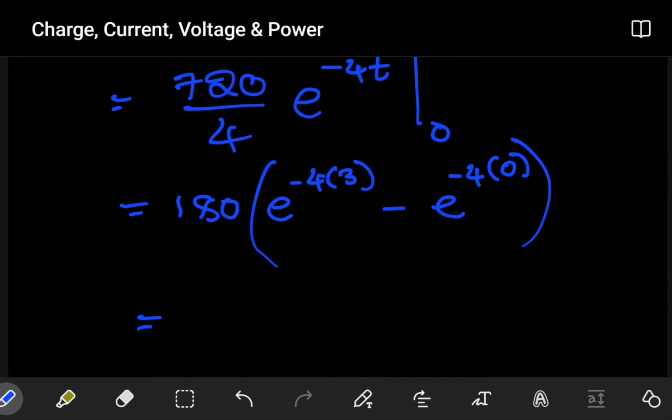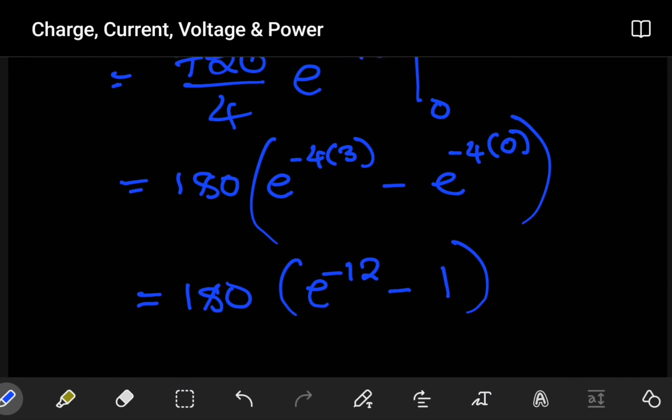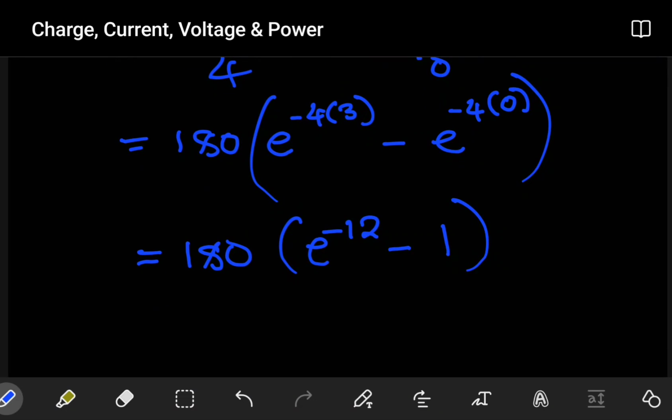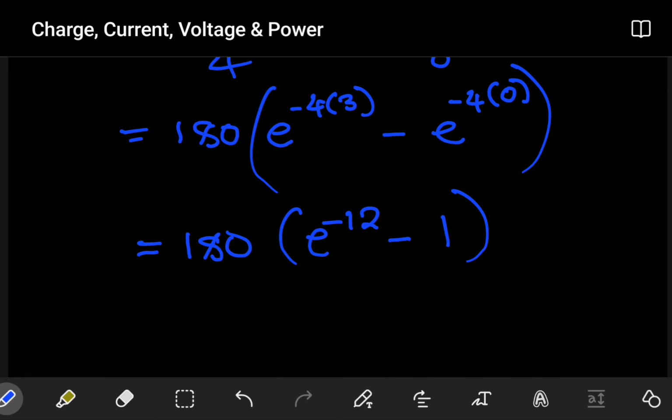So this is what we get. We simplify this: 180 times e to the power minus 12 minus, now to the power 0, so this is just 1. So this is what we end up with, 180 multiplying this. Of course, the 180, we can send it inside, or we can still leave it here. If you have a calculator, you can still go right ahead and find the answer.